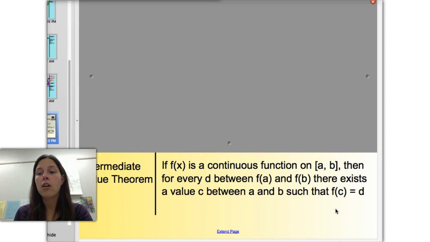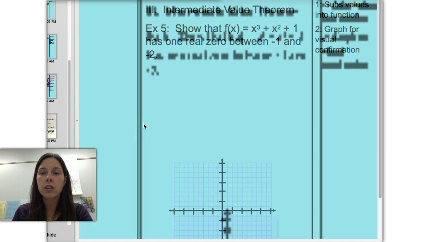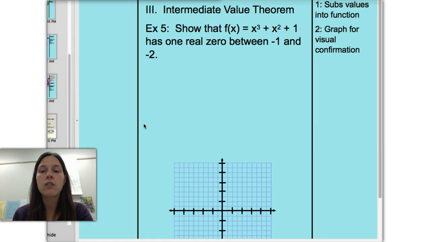And I'm sure that is all crystal clear for you, and I don't even need to do any examples because it makes perfect sense. Really wordy, so let's apply it and see if you can understand what it means when we're applying it with actual numbers. Alright, so our example says, show that for this function, it has a real 0. This is really what we're going to be applying the intermediate value theorem for, is to find zeros between negative 1 and negative 2.